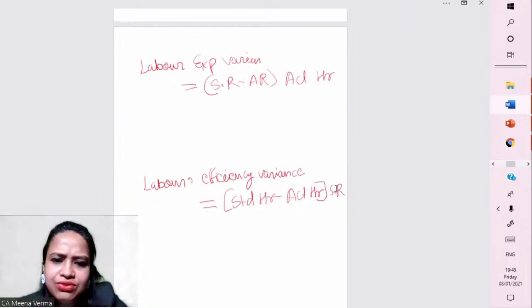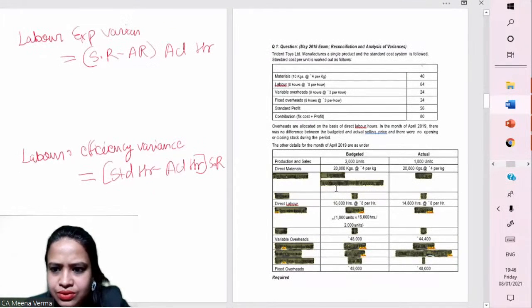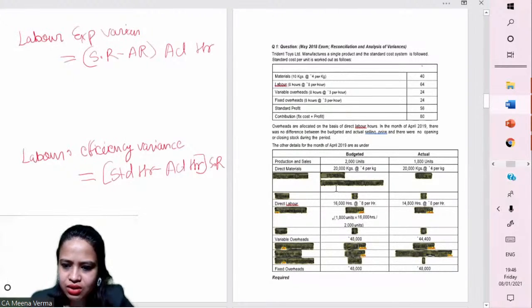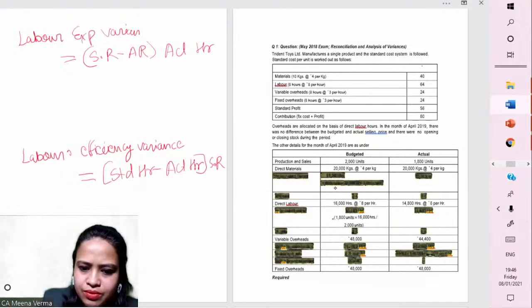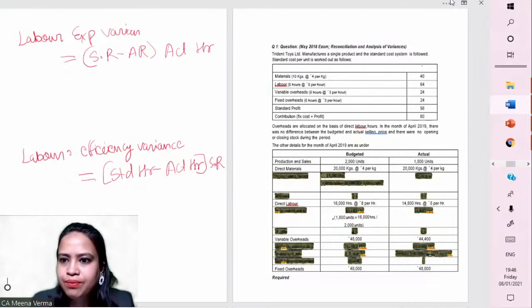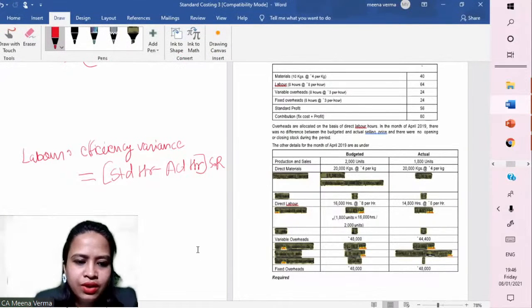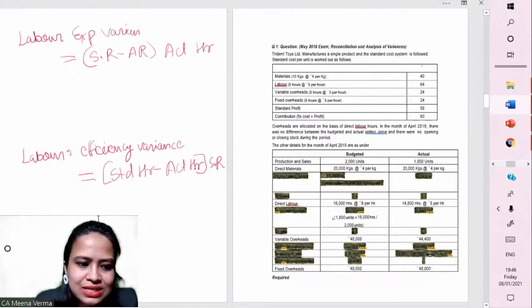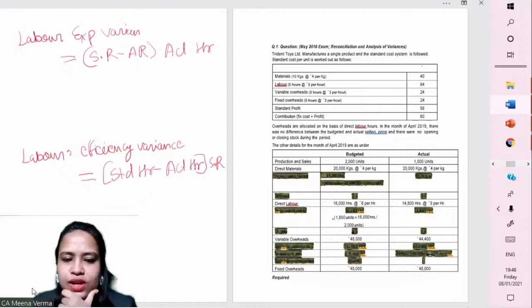Okay, find these information from the question and do this. See, I have done this from the question. From the question, find this standard rate, actual rate, and actual hour for actual output.